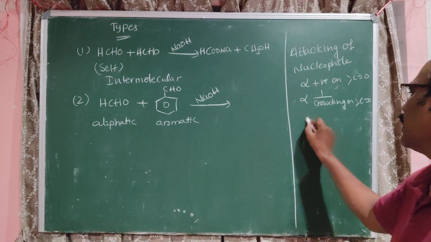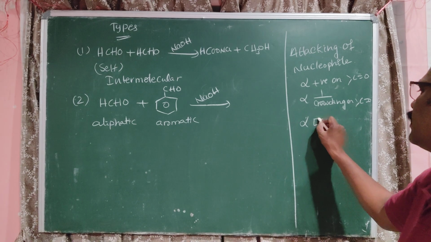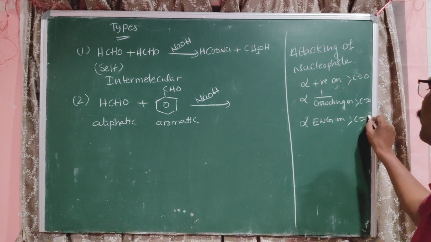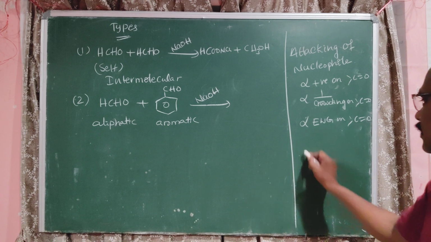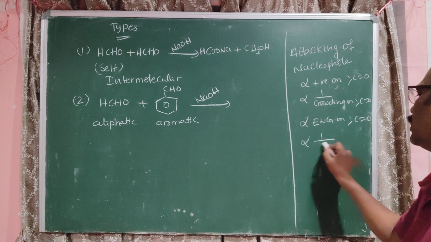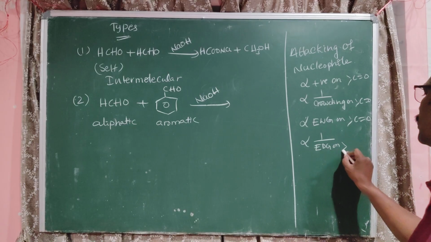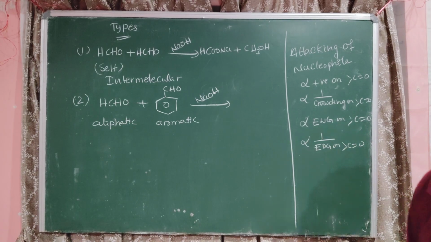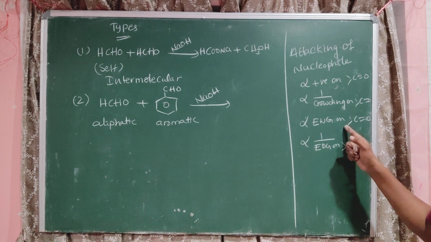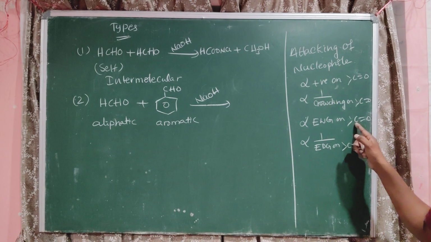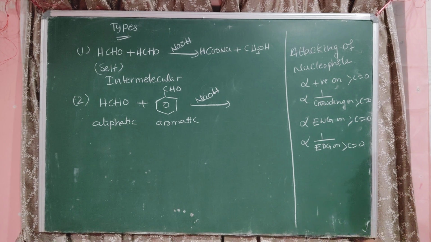It is directly proportional to the presence of an electron withdrawing group on the carbonyl carbon, and inversely proportional to the presence of an electron donating group. If an electron withdrawing group is there, nucleophilic attack is much faster on this carbon.